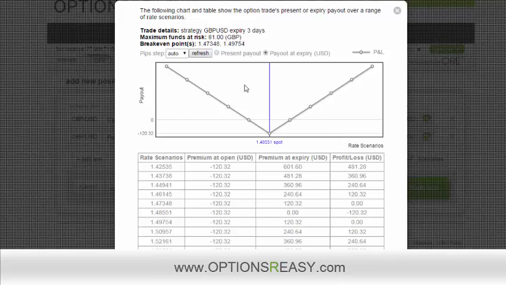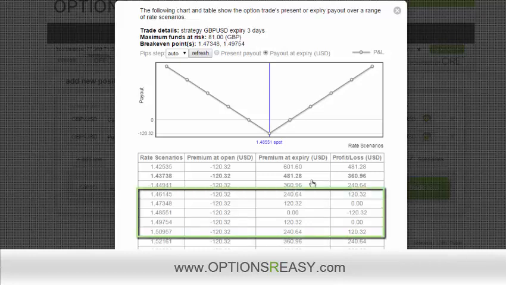By studying the profit potential, the break-evens and the maximum risk, you can evaluate if this is a good position to place or not. Here I can see that I will make 100% profit if the rate moves from 148.55 up to 150.95, or if the rate moves from 148.55 down to 146.14, and I know that my maximum risk is $120.